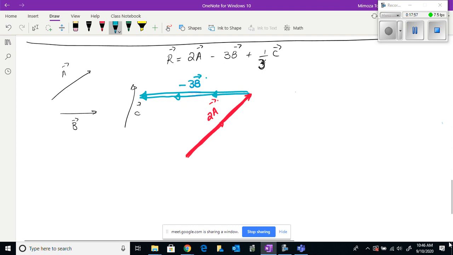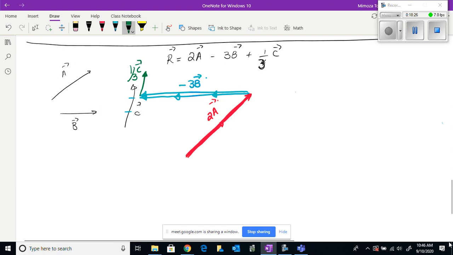Okay, and now we are adding 1/3 of C. So dividing this into 3 parts, we will add it here. So this is 1 over 3C.